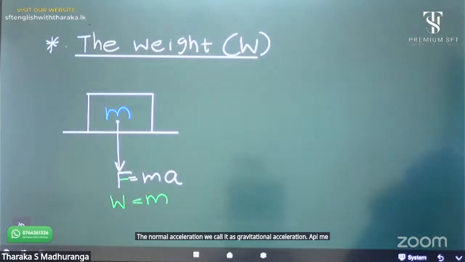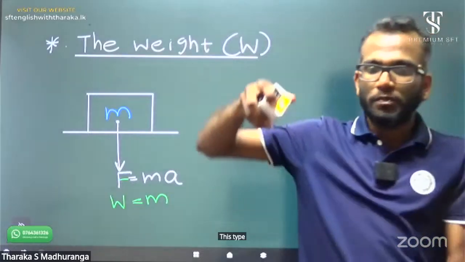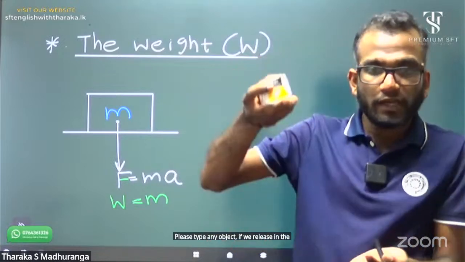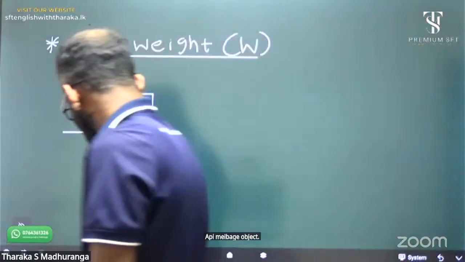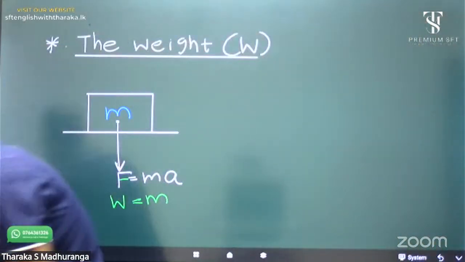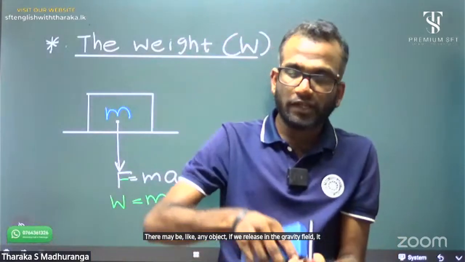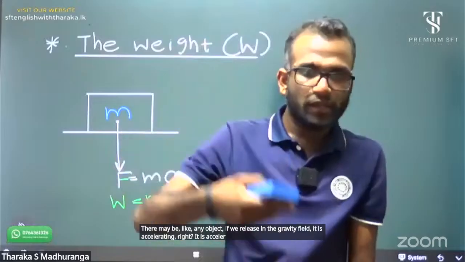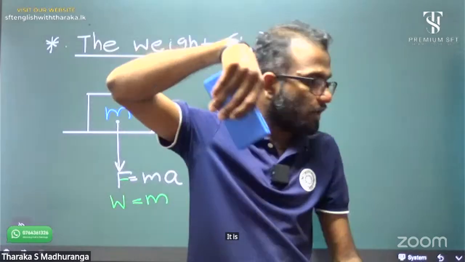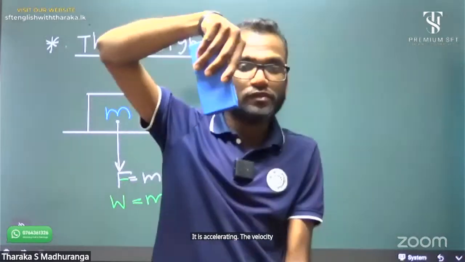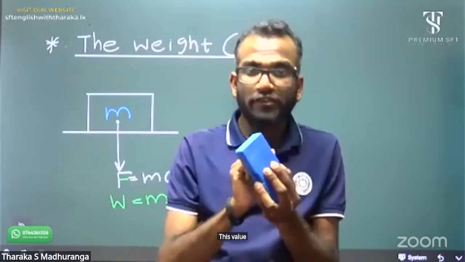Any object, if we release it in the gravity field, is accelerating due to the gravity. The velocity gradually increases as it falls. The velocity is increasing, right?